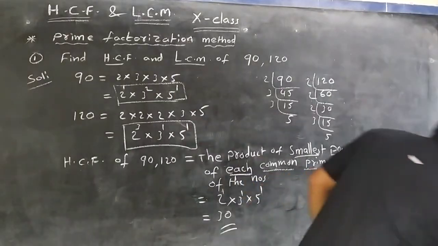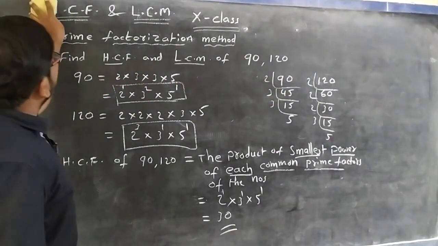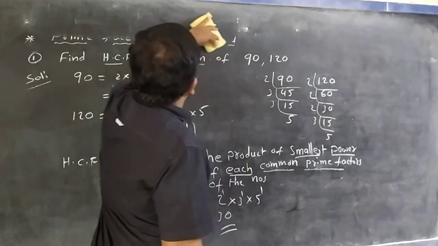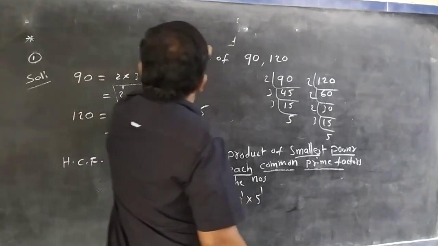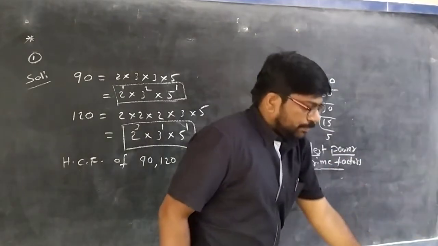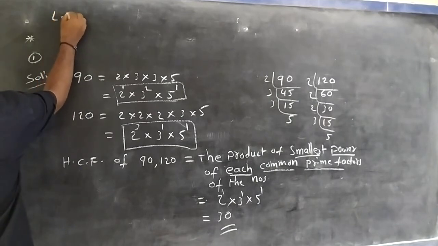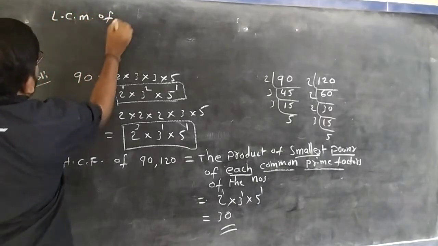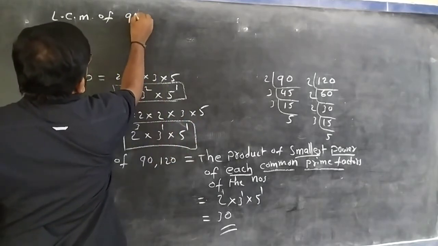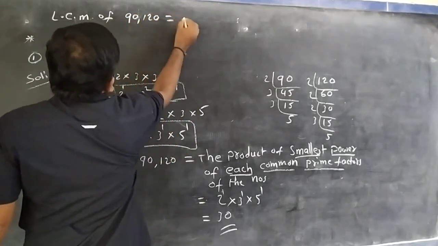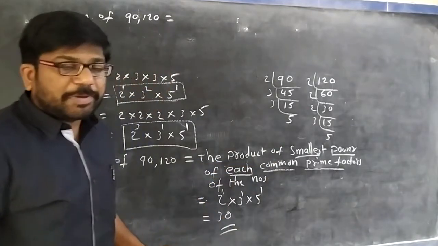Next, how do we decide the LCM? Observe carefully. LCM of the two numbers 90 and 120. In HCF, it is the product of smallest powers, right?